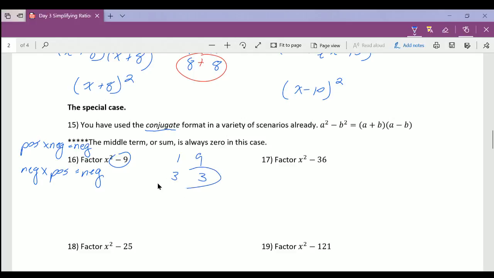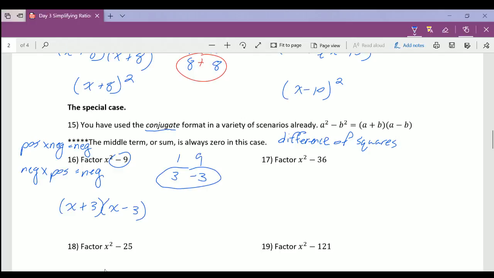And if you look at these two right here where the numbers are the same, a 3 and a negative 3 would give us a middle term that is 0. So the answer here does become x plus 3 times x minus 3. It's called the difference of squares.